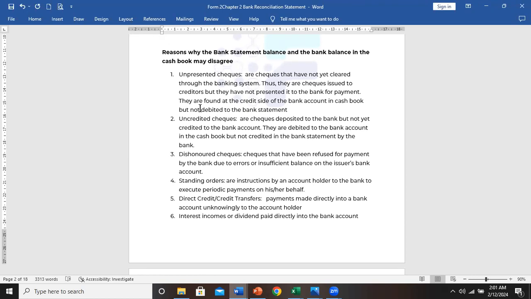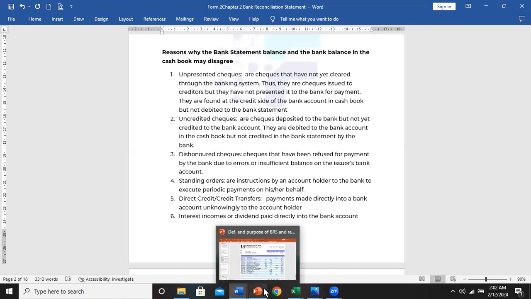In Ghana, if you want to cash a check, it takes like 3 days, especially when it is interbank, as in an ADB check you are going to pay into a GCB account. It normally takes 3 days maximum for the check to be credited to the account. So these are all reasons why a check may not be presented. If you are asked to define an unpresented check, these are checks issued to creditors but not yet cleared in the banking system or not presented for payment.